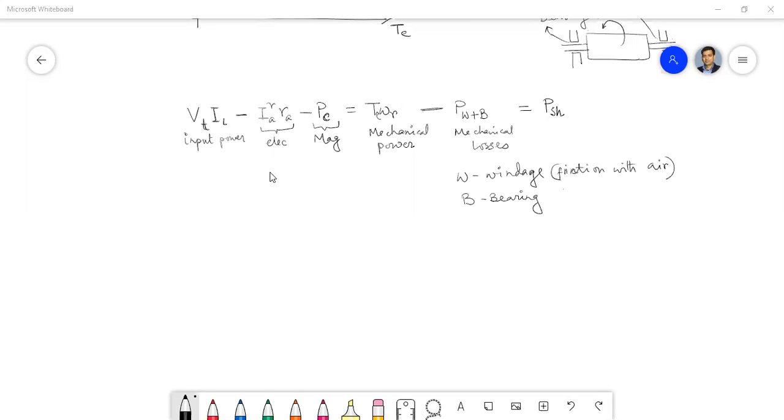Yes, sir. What is power balance equation? Hello, sir. What is power balance equation? Power balance equation. One equation is say VT equals to EA plus IARA, that is a voltage equation.